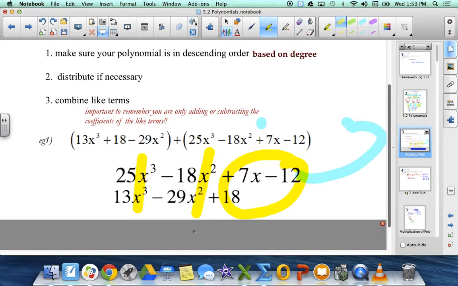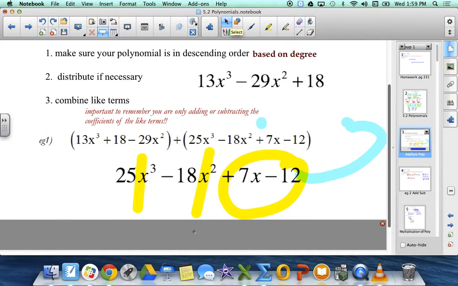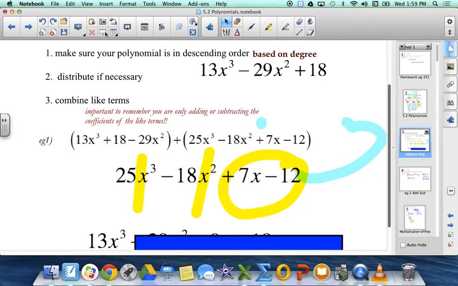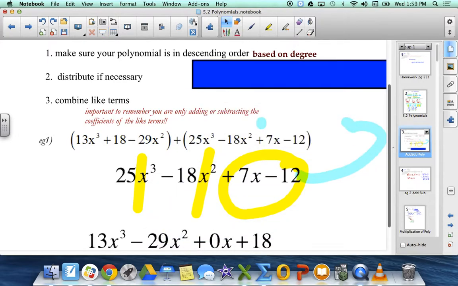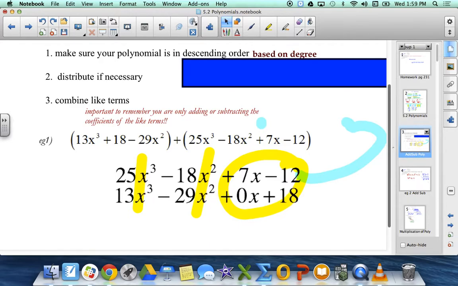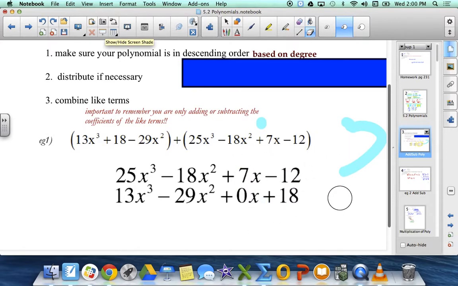So what I would do is change this up so that I had a 0x to line up with my 7x.